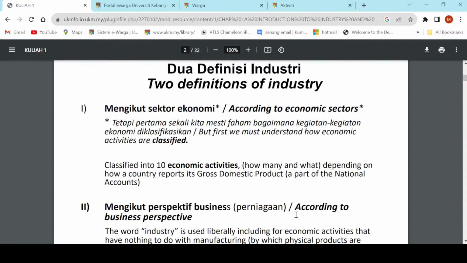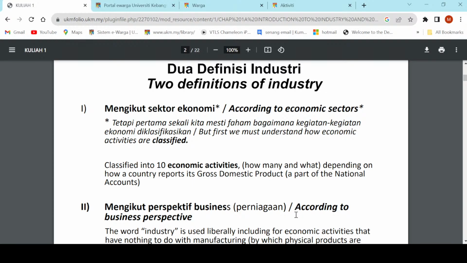From the economic activities, we call it economic activities. Not yet are we calling it economic sector, we're calling it economic activities. From all economic activities, they are grouped into main economic activities.